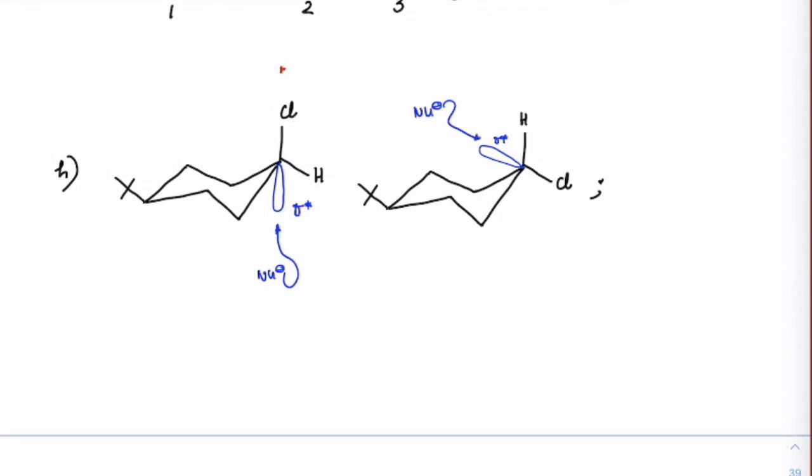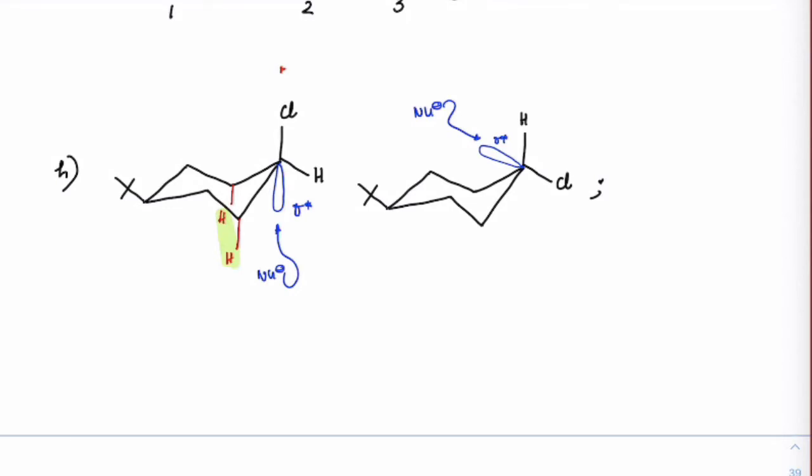But when it is attacking, you can see that there is a little bit of repulsion that can come because of these diaxial hydrogens. Correct. If you remember, this is called 1,3 diaxial repulsion.